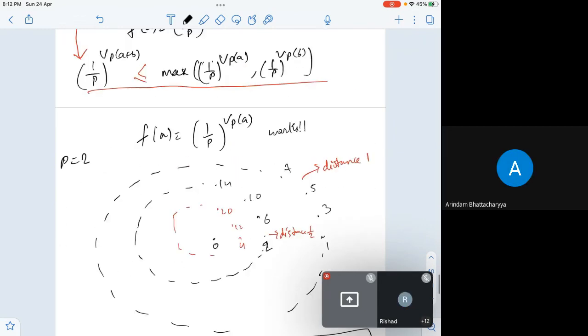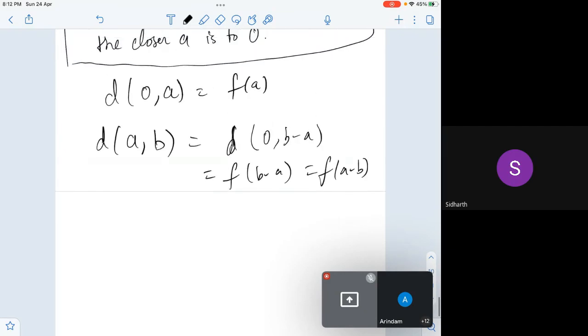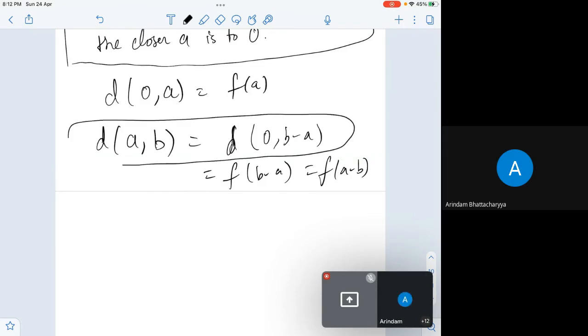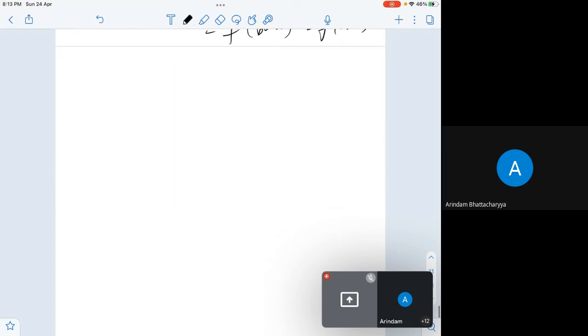Great. So we have a very different distance function on Q. Would it be a minus b or b by a? We want it to be preserved under translation. No, he was talking about f(b by a). That does not work. We need b minus a or a minus b.